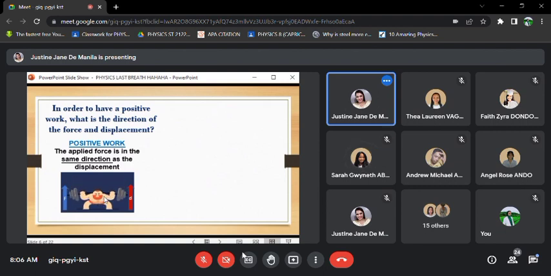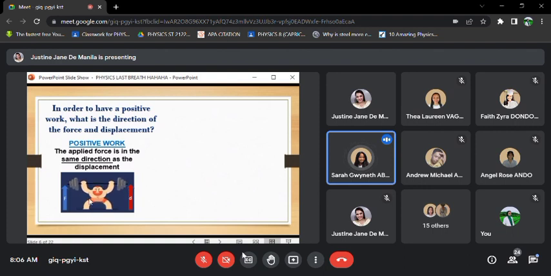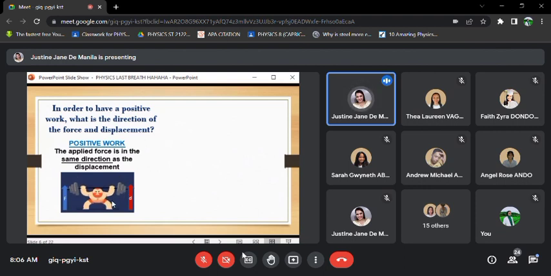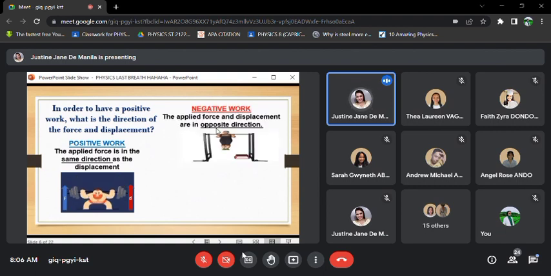Ma'am, when can we say that our work is positive? If the force is in the same direction as the displacement, ma'am. Okay, very good. So as you can see here, the force and the displacement are in the same direction, or parallel. So how about negative work, class?